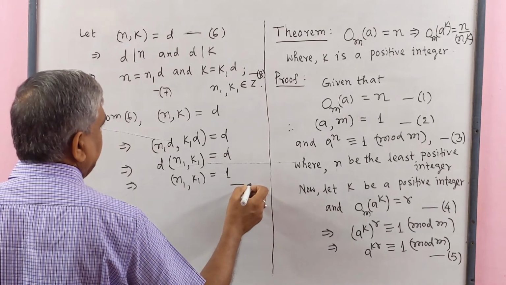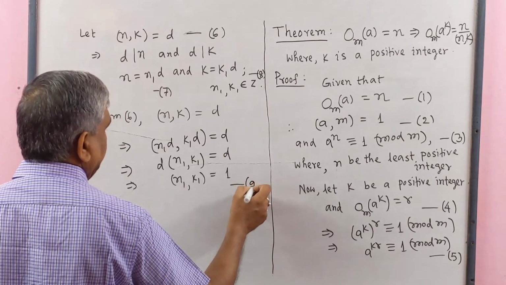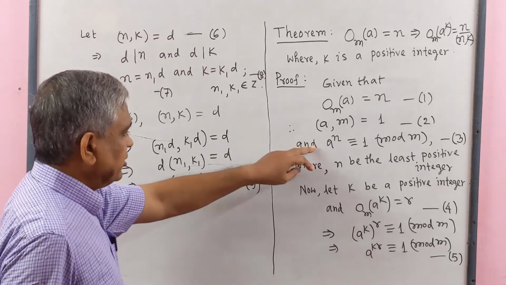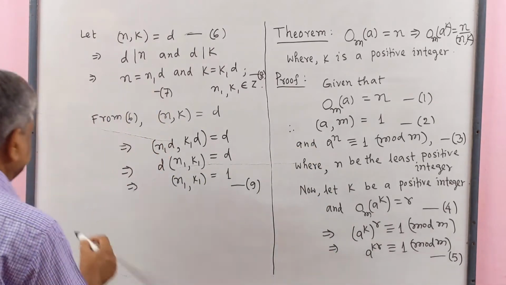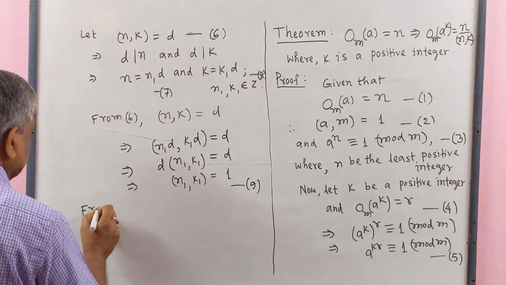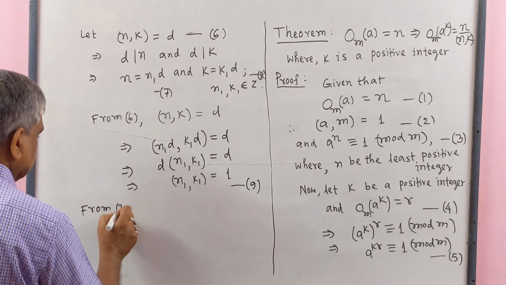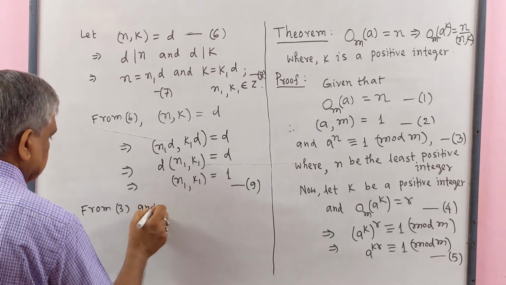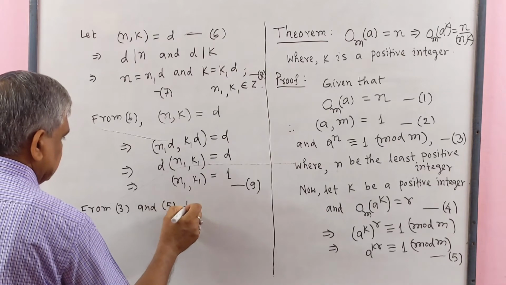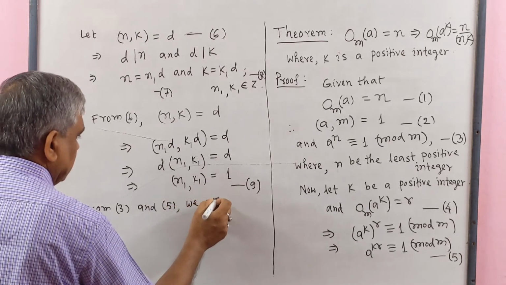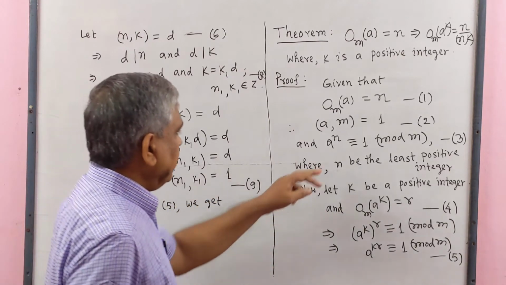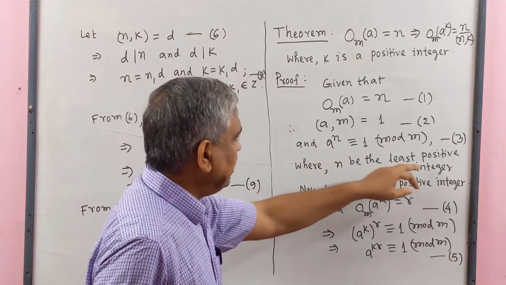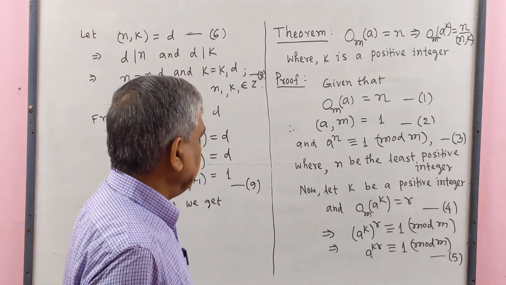Let this be number 9. From 3 and 5, we get, here in theory n be the least positive integer.